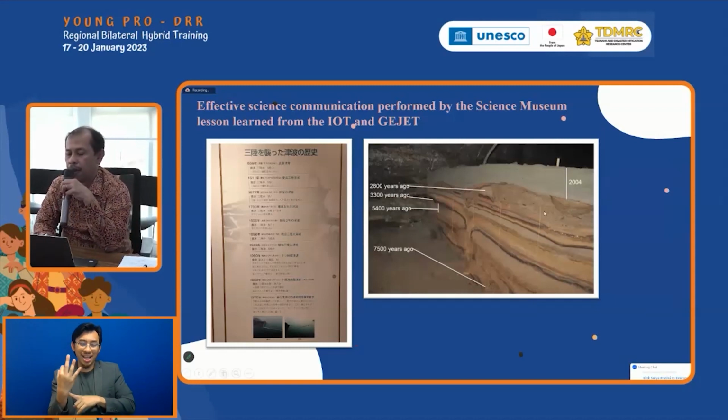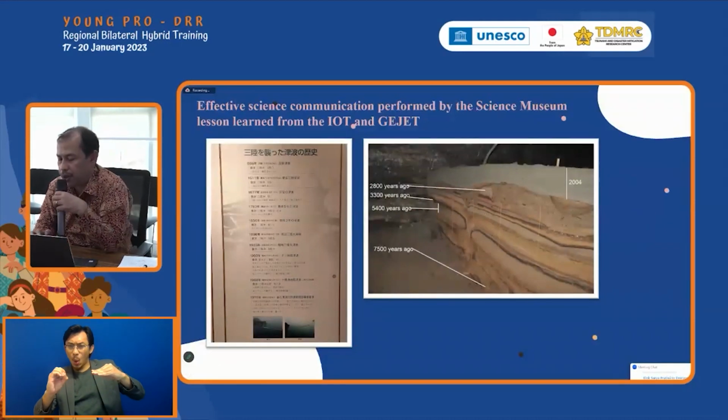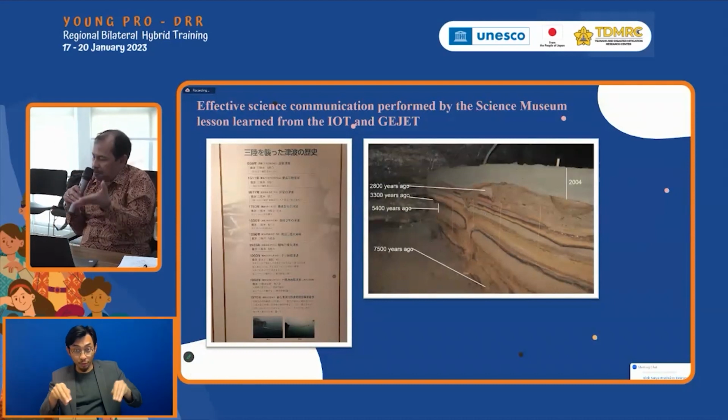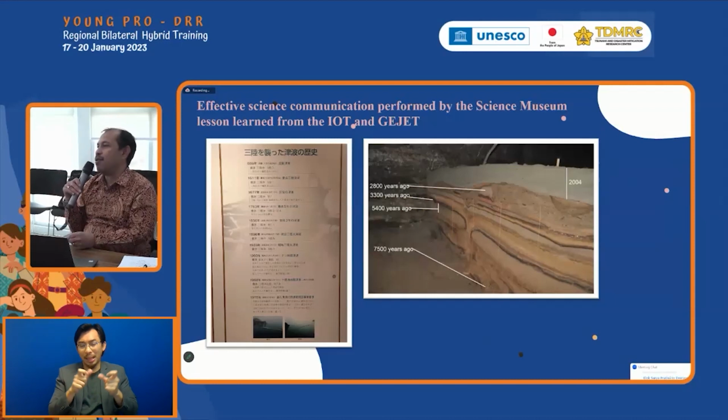Okay, here is also information from the Aceh Tsunami Museum about the layer of paleo tsunami. If everyone comes to the museum and sees this picture, some people can understand, but some people find it very difficult to understand.